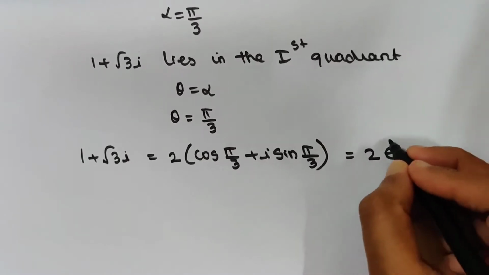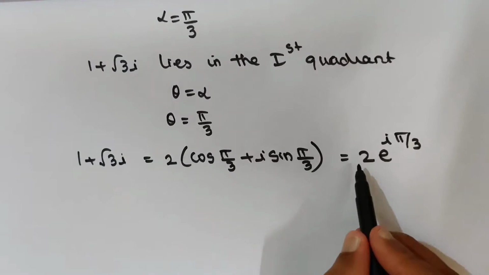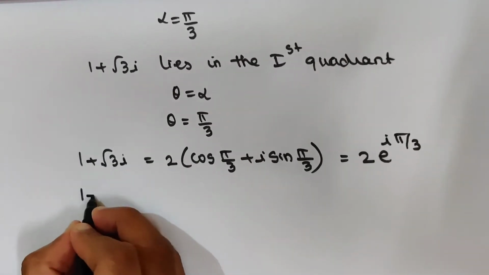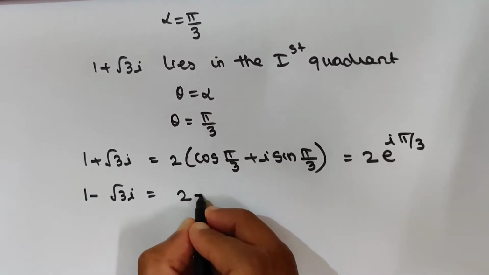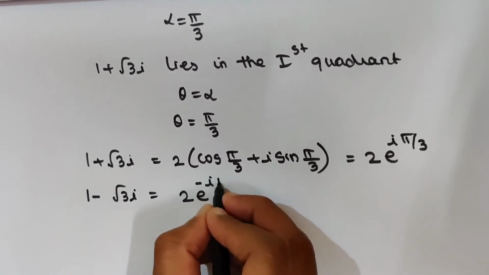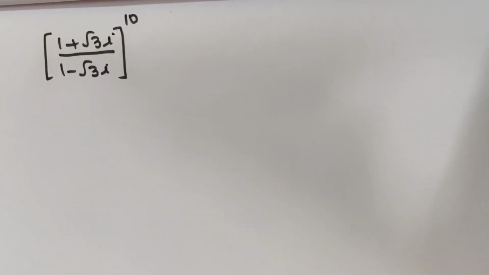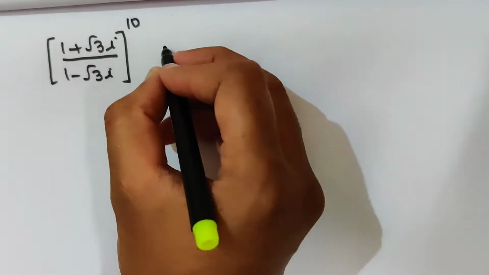It is e power i pi by 3. 1 plus root 3i is equal to 2 into e power i pi by 3. Similarly, 1 minus root 3i is equal to 2 into e power minus i pi by 3.